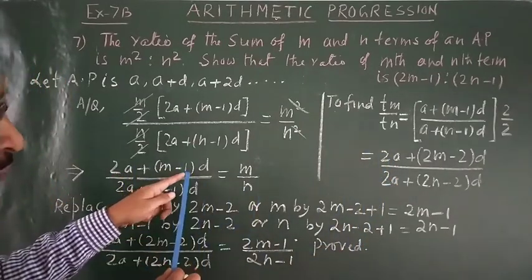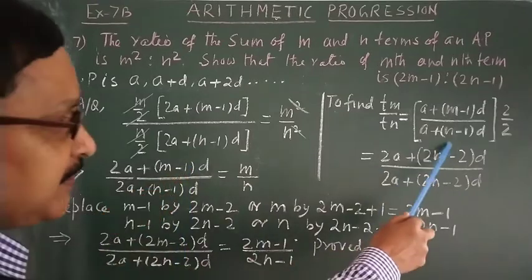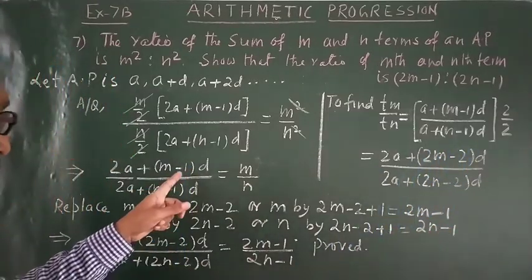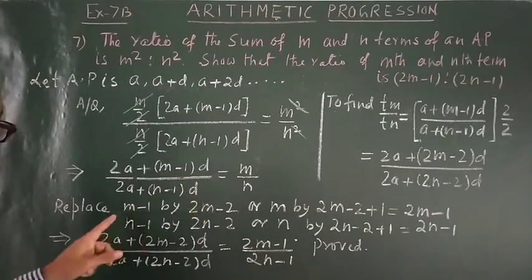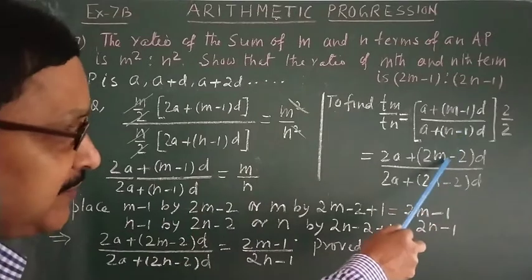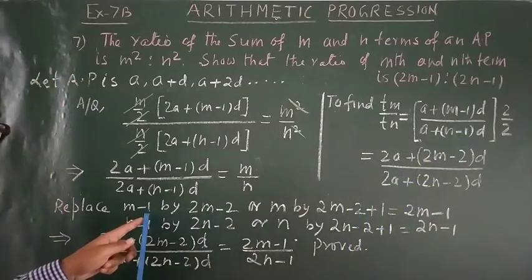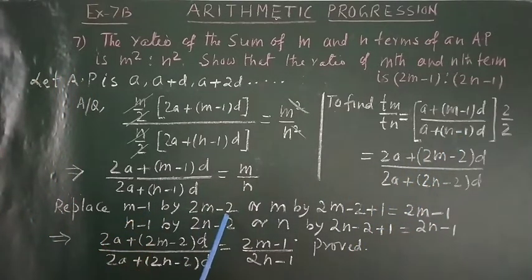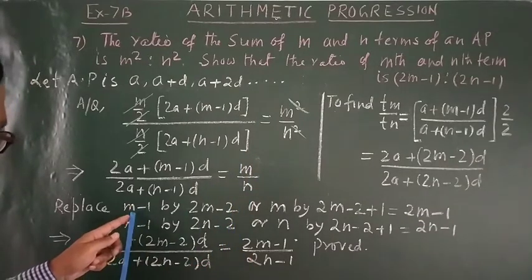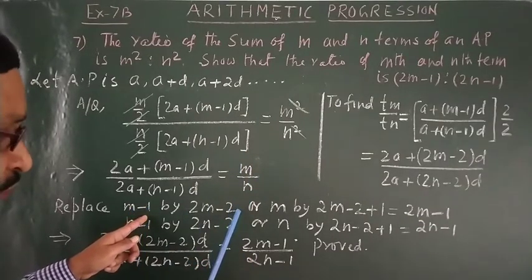So m minus 1 must be replaced by this. We need 2m minus 2, but here m minus 1 is given. So replacing this m minus 1 by 2m minus 2 to get the same, and at the same time we have to replace this m. So the m by n will be transferred to this side.